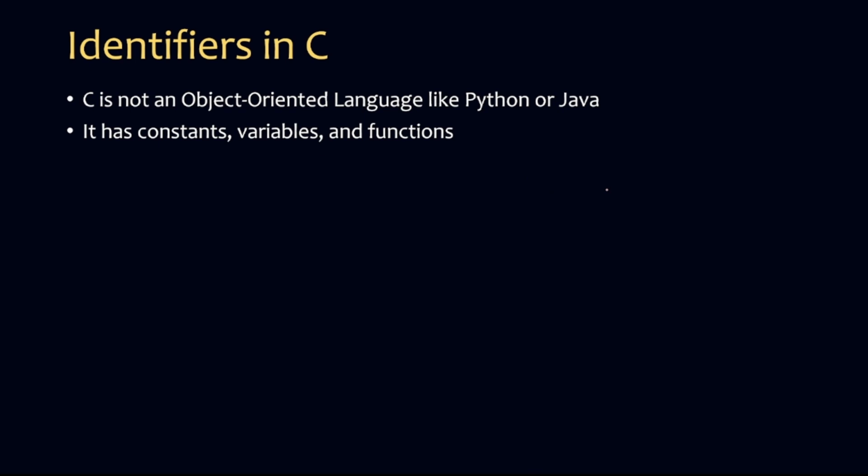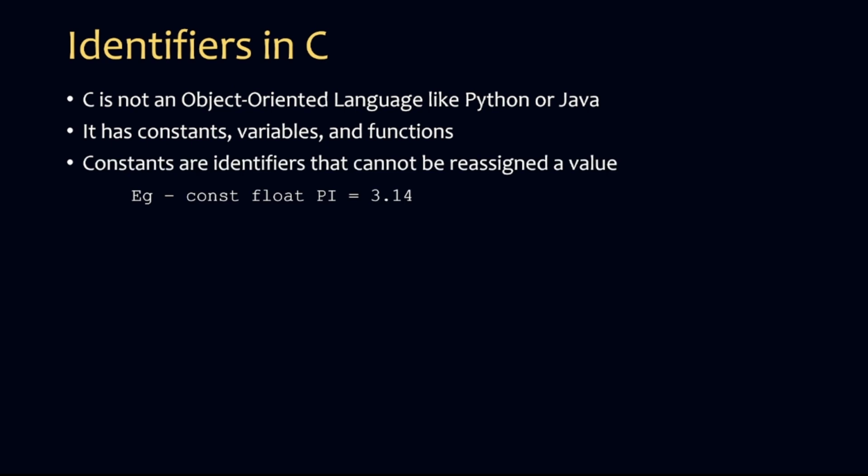Anything that's available on the computer, anything you can see right now, anything that you can use is either using C or highly inspired by C. And C only has constants, variables and functions. That's basically it. It has a few other things like macros, types, and all those things, but for now we are just going to discuss constants, variables and functions.